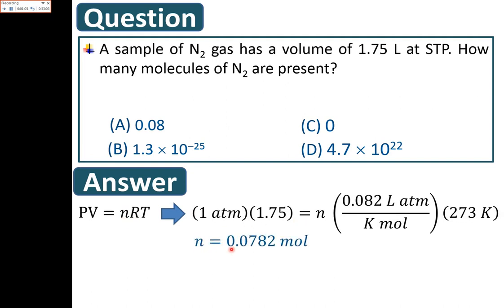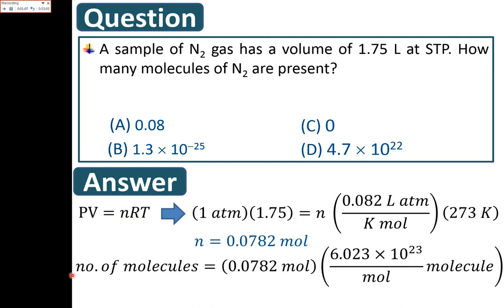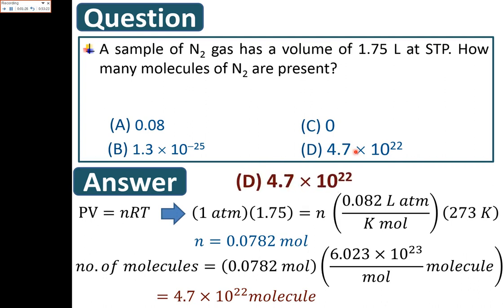So n will equal this value in the number of moles, and then you calculate the number of molecules by multiplying by Avogadro's number. So the number of molecules will be 4.7 times 10 to the power of 22. So the answer is actually number D. Number D is the correct answer.